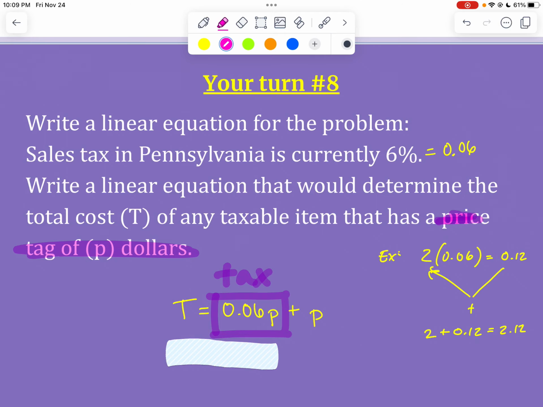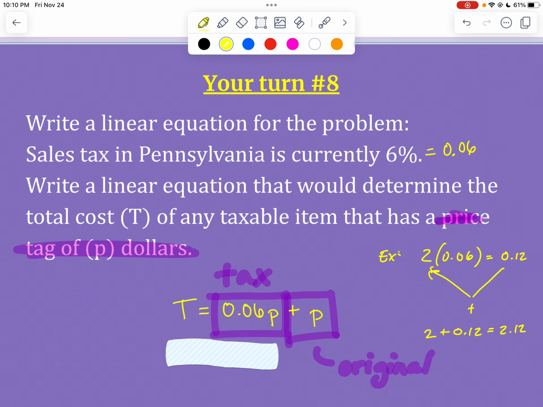Now, why did I add another P? Because I need to add that tax to the original price of the item. If I take the original price plus the tax on that item, combine them, that's going to give me the total cost with tax.